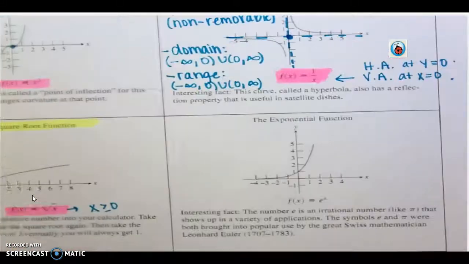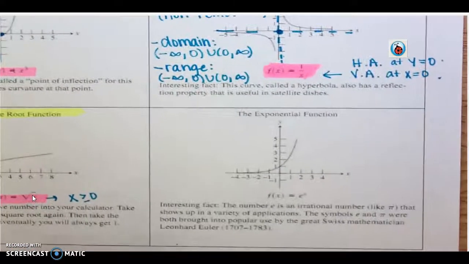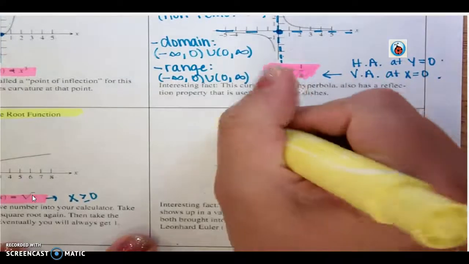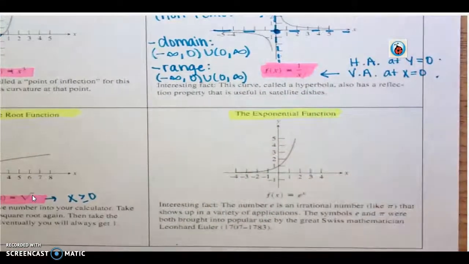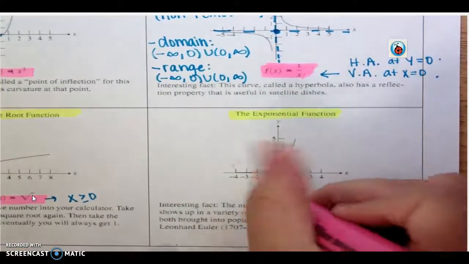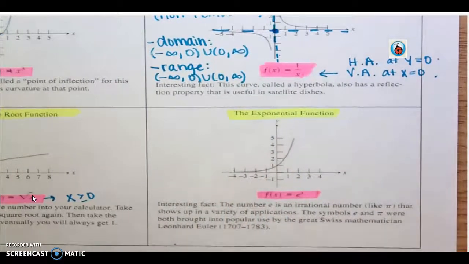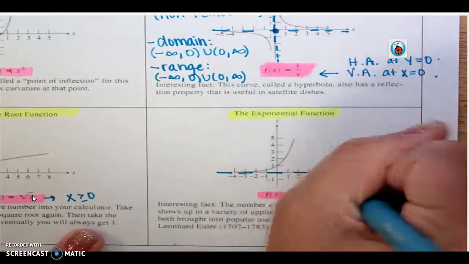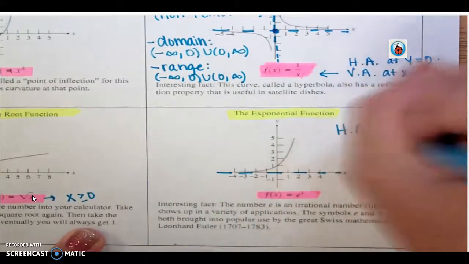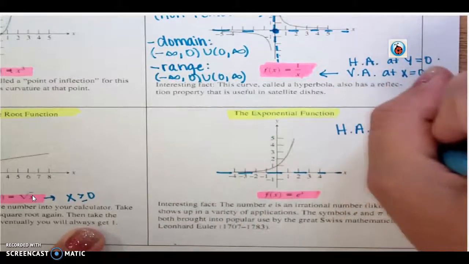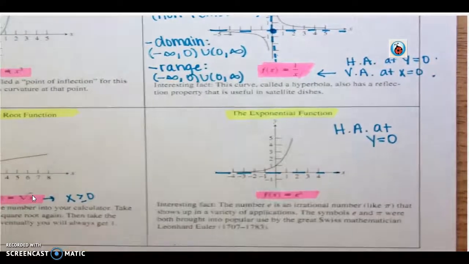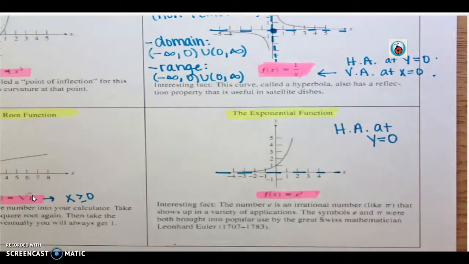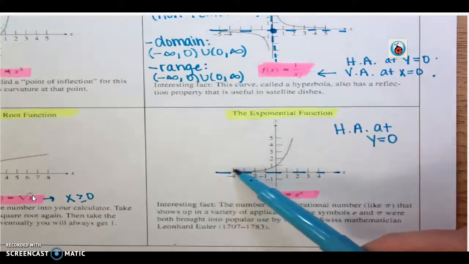Okay, and then we have the exponential function, which is f of x equals e to the x, and we've kind of already mentioned this a few times. Some things about this function: it does have a horizontal asymptote at y equals 0. So we have the horizontal asymptote there. We want to figure out if it's continuous.